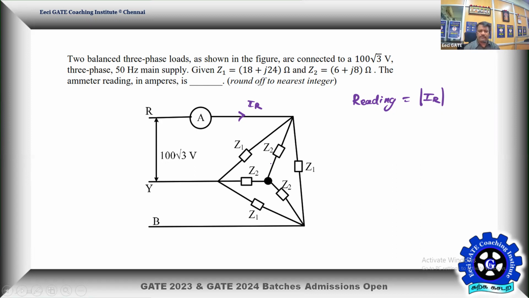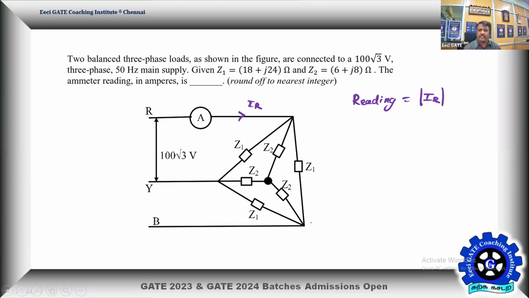Instead, if we convert the outer delta into another star, how will it look? The inner star is already having a point, and the outer delta converted into star, the two star points are not identical. That means you can't simply convert the outer delta into star and superimpose that star on the existing inner star. Remember that the two star points are unique.